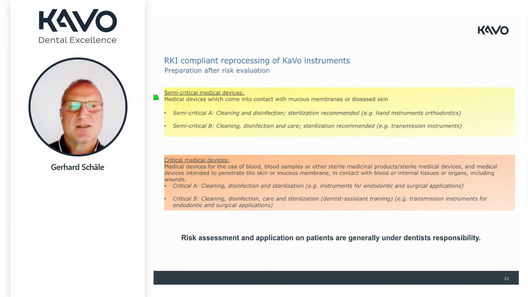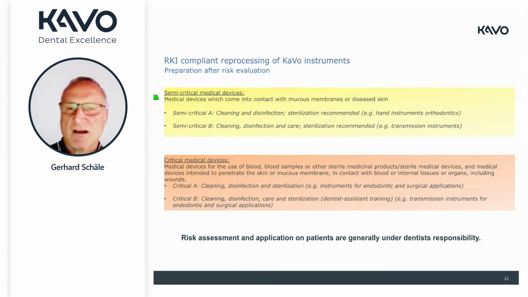If we talk about semi-critical instruments, the risk assessment has to come from your side, that you clearly say, okay, I do not have here this instrument used on mucosa with blood influence, so this would be enough to put it into a thermal disinfector without sterilization. But the critical thing is, do you always see if there is blood on the instrument?